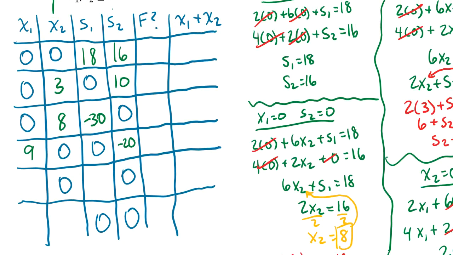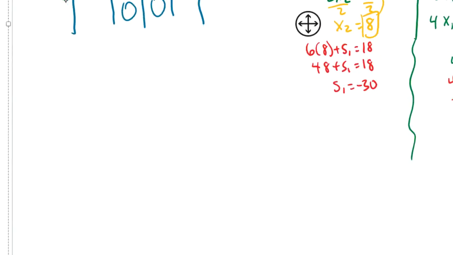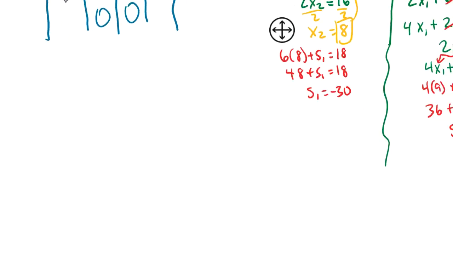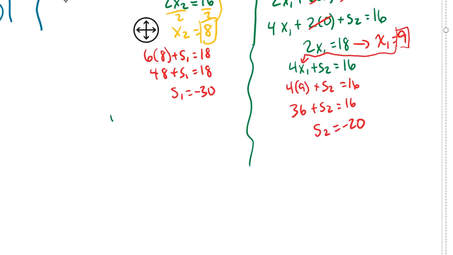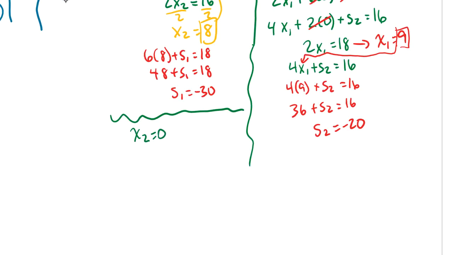So the next one we're going to need to do is going to be x2 and s2 equals 0. Alright, I'll keep going in this line over here. So x2 equals 0 and s2 equals 0.